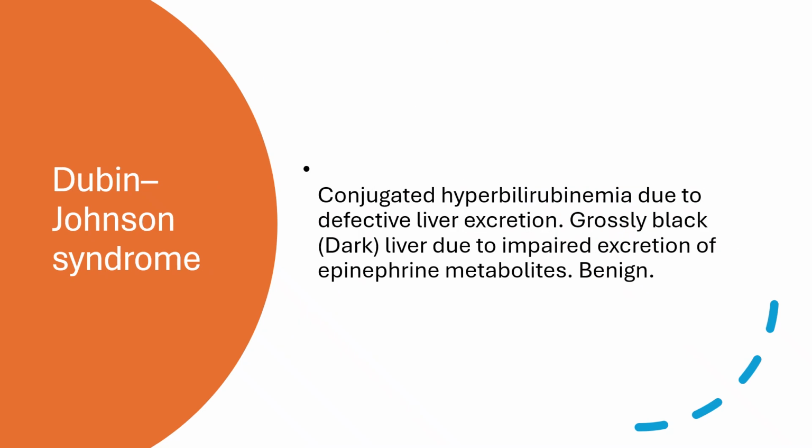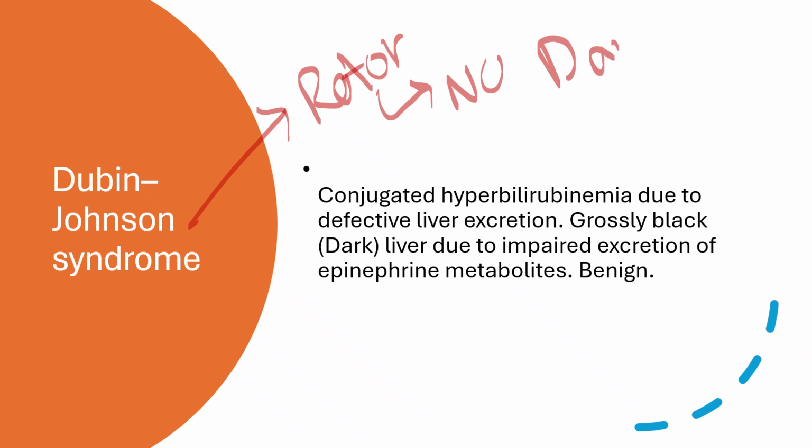So now Dubin-Johnson syndrome. Dubin-Johnson and Rotor syndrome are basically excretion defects of conjugated bilirubin. The difference: in Rotor syndrome, no dark liver, right? While in Dubin-Johnson syndrome, there is a dark liver, right? So how I remember this: Dubin-Johnson is a D, and D reminds me of the dark liver, so that is very high yield.